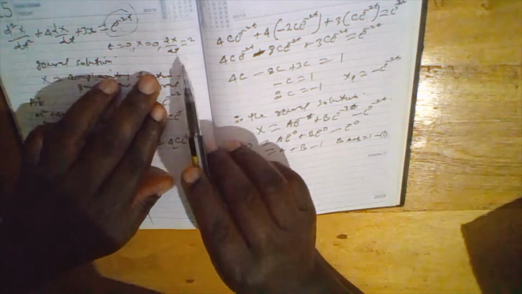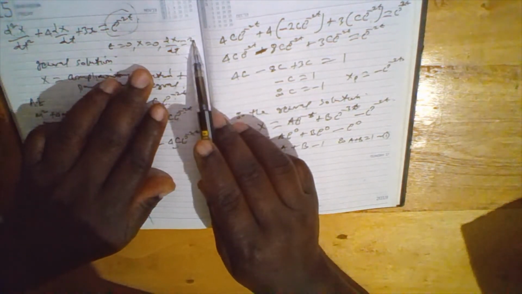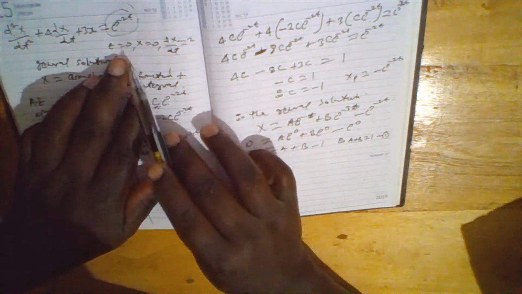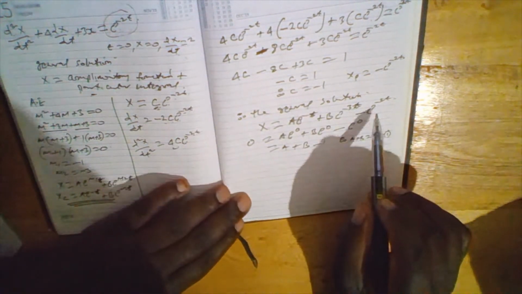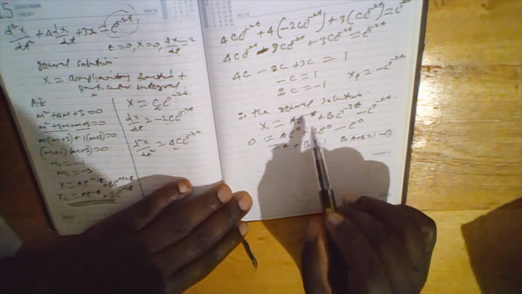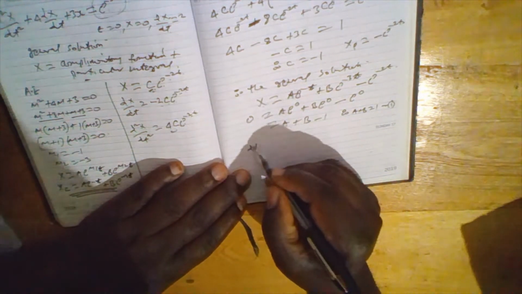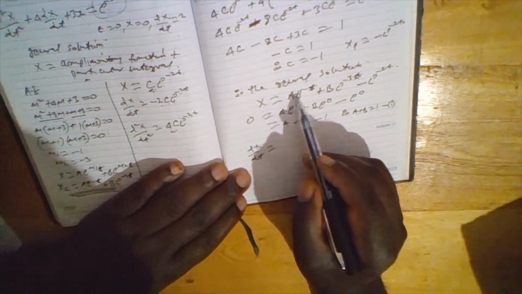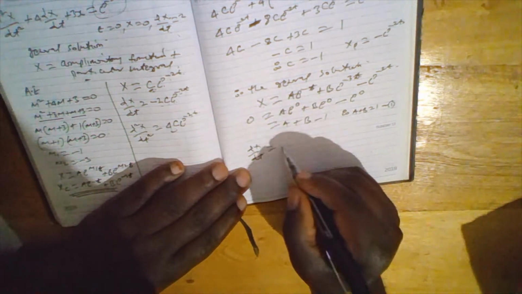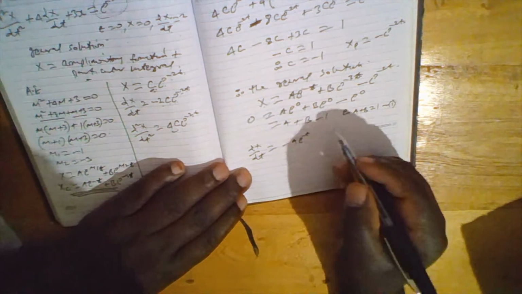And then they are saying also that dx/dt equals 2 when t equals 0. Therefore, we differentiate x with respect to t. dx/dt equals, when you differentiate a exponent minus t, we have minus a exponent minus t.